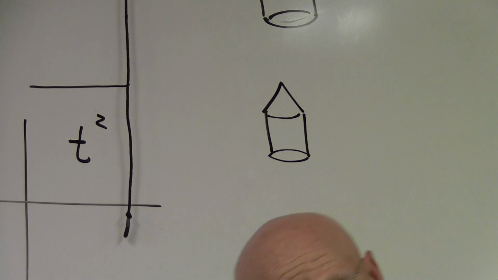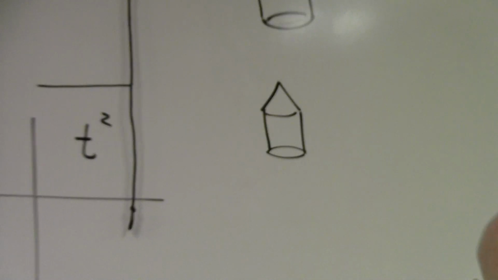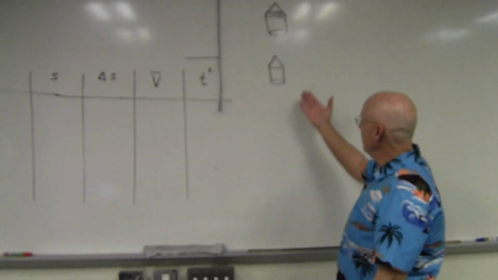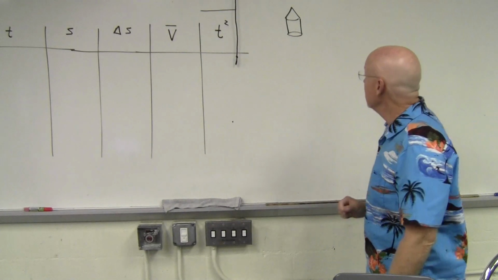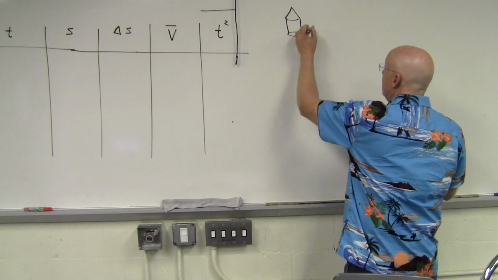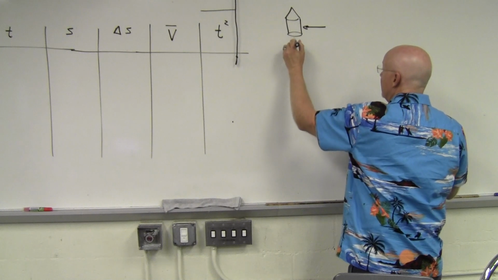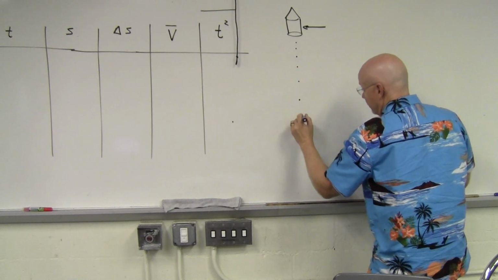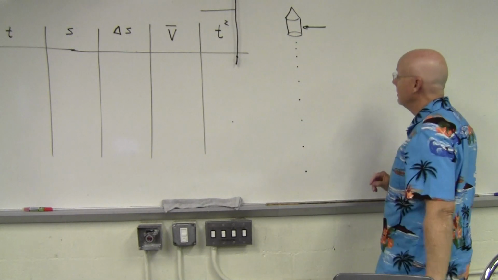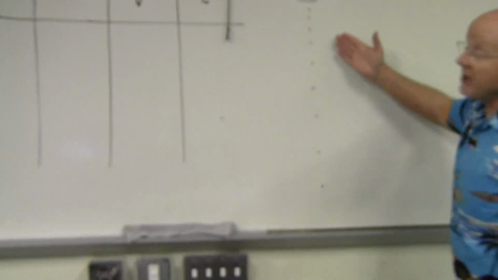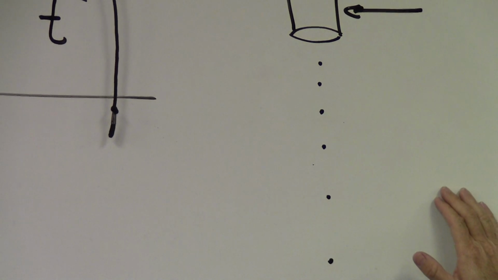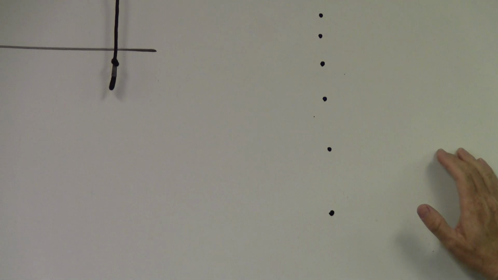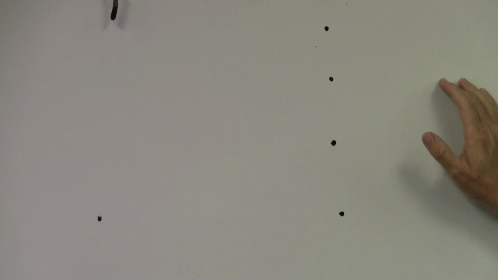As you saw, hopefully, in the lecture part of this, we're going to do what we call a free fall. We're going to drop the object, and the object is going to fall. It's going to start here and go faster and faster. These dots are supposed to represent where this object is every 30th of a second.